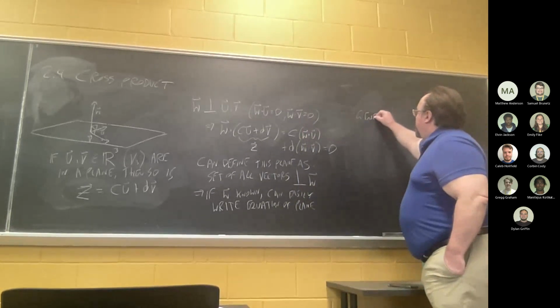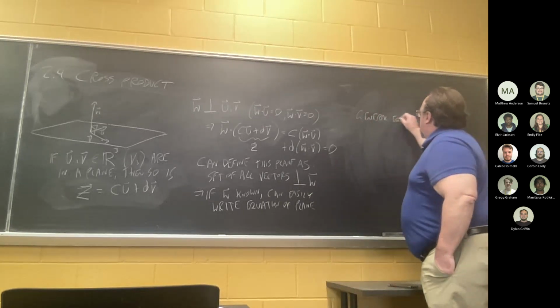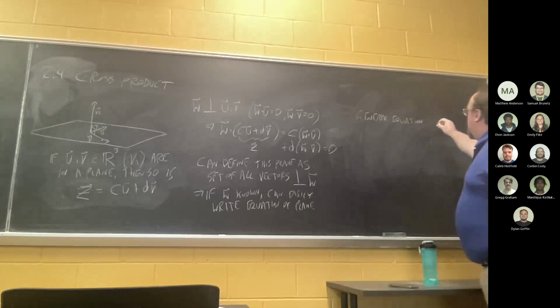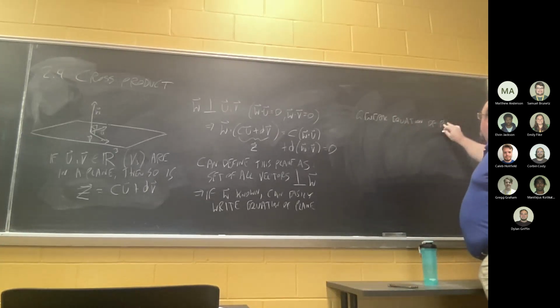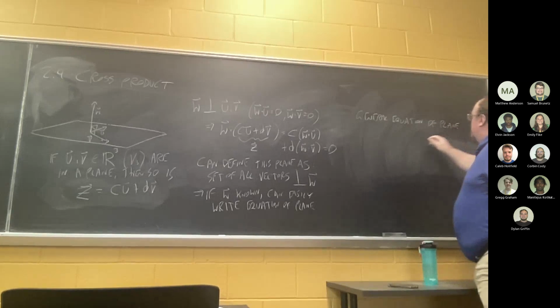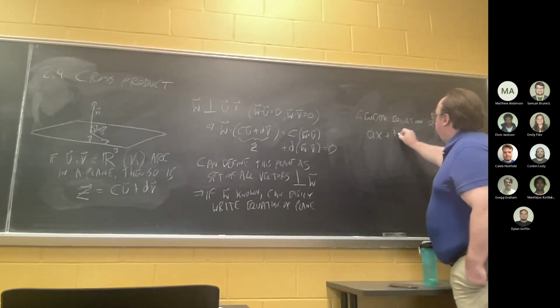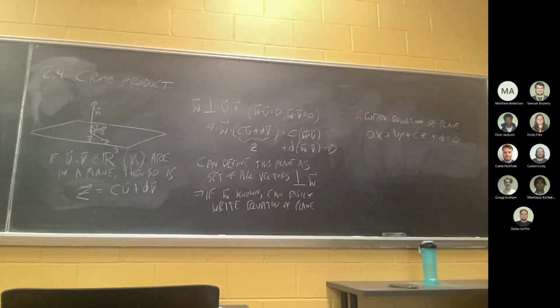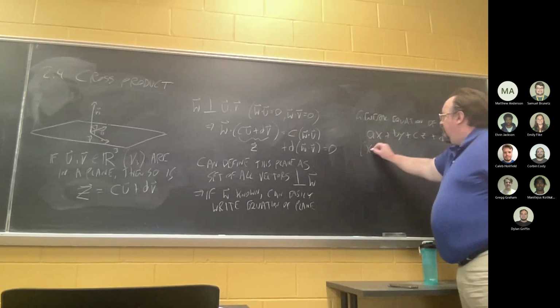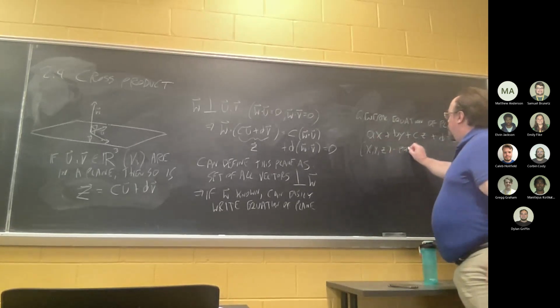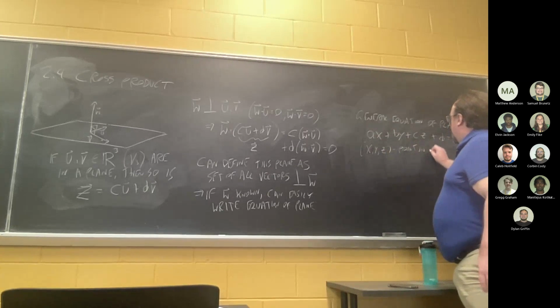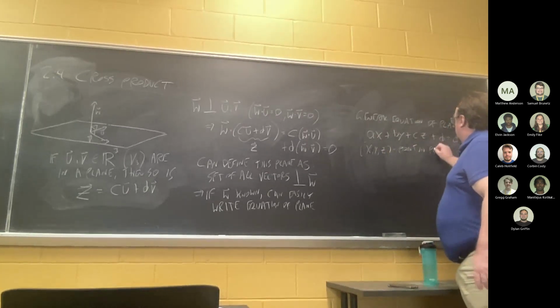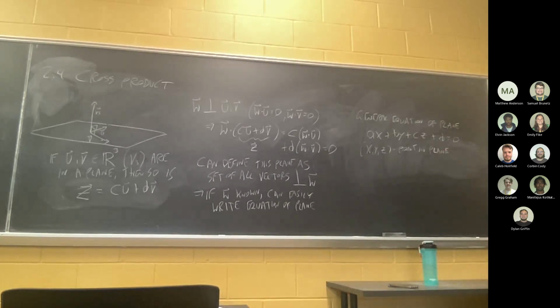Because the general equation of a plane is of this form, ax plus by plus cz plus d is equal to 0, where x, y, and z are the coordinates of any point in the plane, and a, b, c, d are certain numbers, constants.